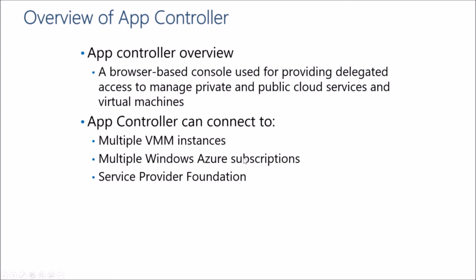App Controller can connect to multiple VMM instances, and it can connect to multiple Microsoft Azure subscriptions, and it connects to service provider foundation. So basically, the theme of this subject is we have on-premises virtualization, which is what we call a private cloud. But then if your private cloud gets too big, or you want to have external, public-facing resources, then we can move our private cloud assets to the public cloud.